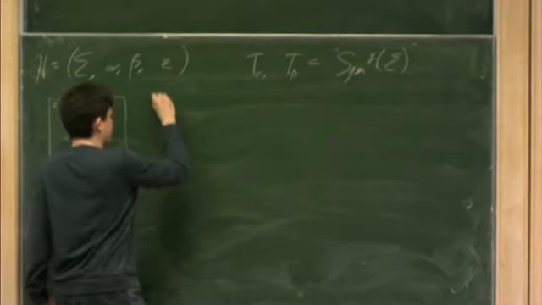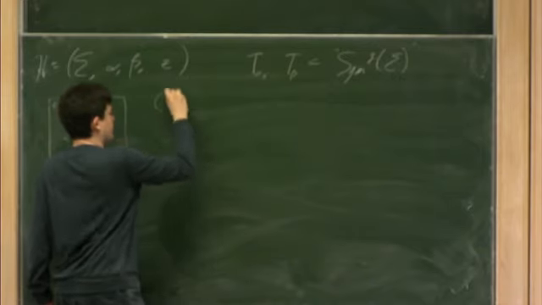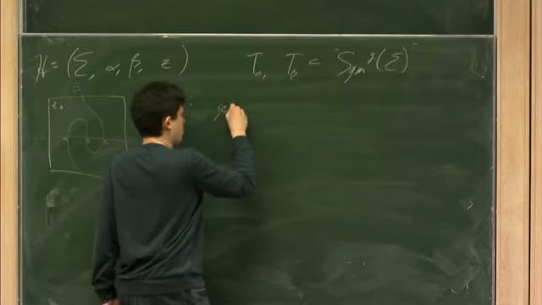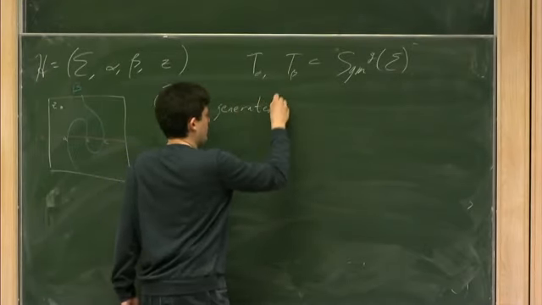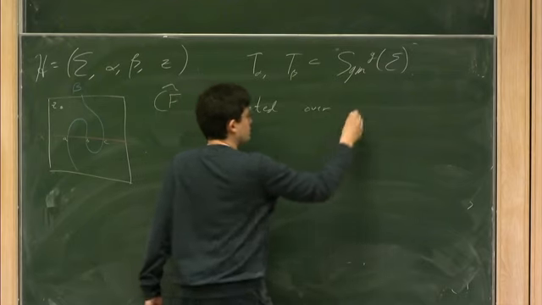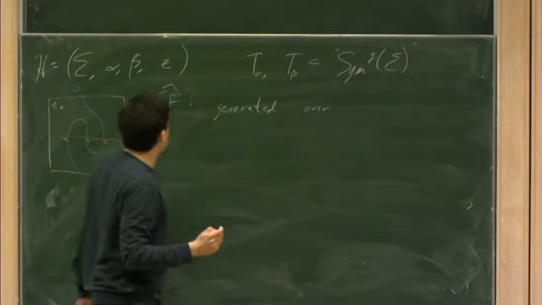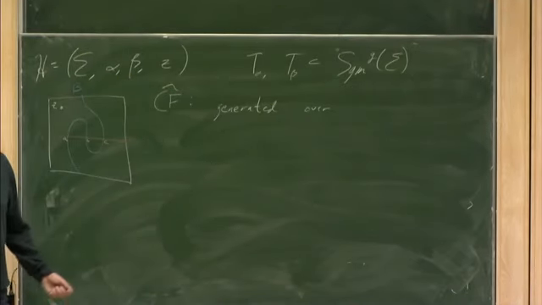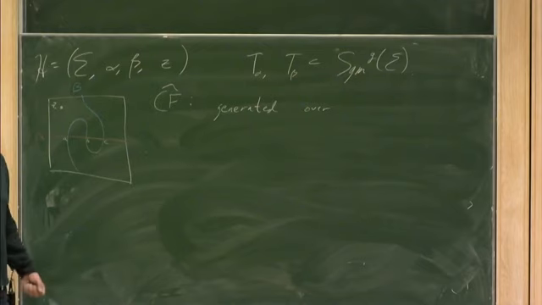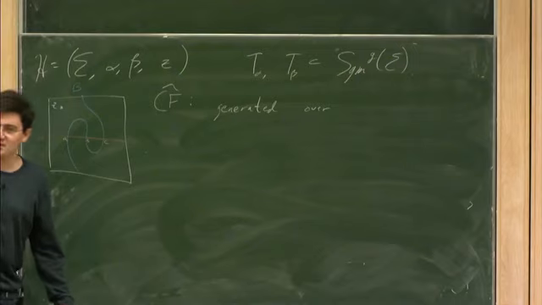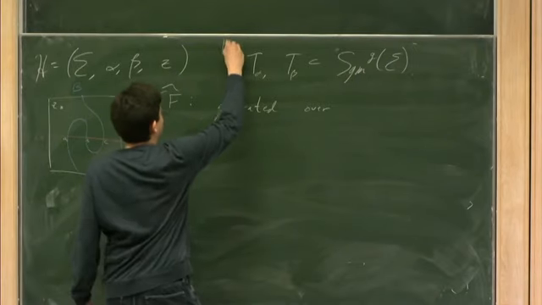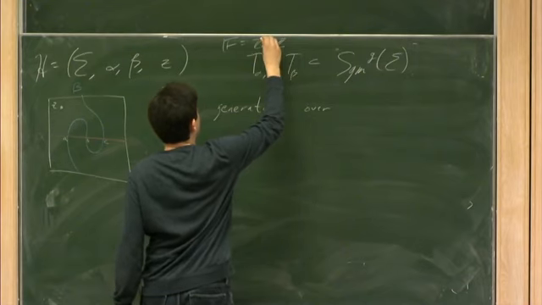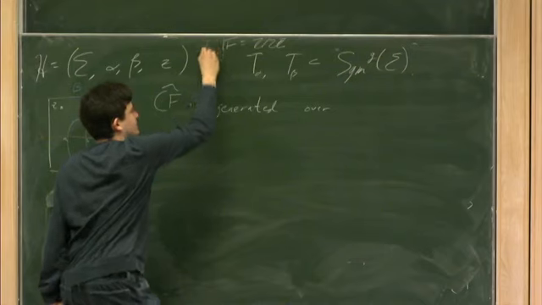CF hat was generated over Z. Actually, I'm going to be really lazy for the rest of this seminar and do everything with coefficients in Z mod 2. So henceforth, we're going to work over the field F, which is Z mod 2Z.